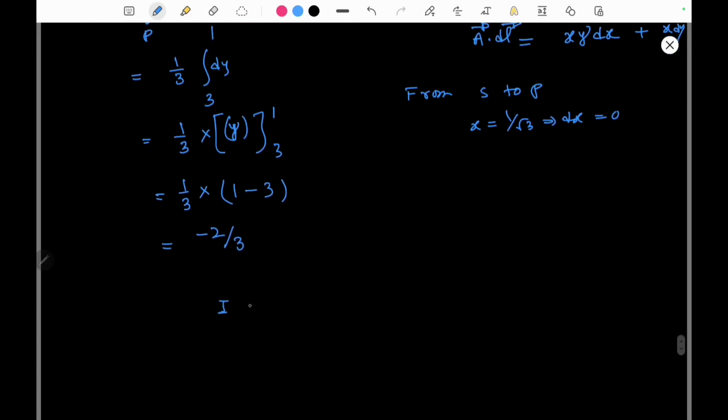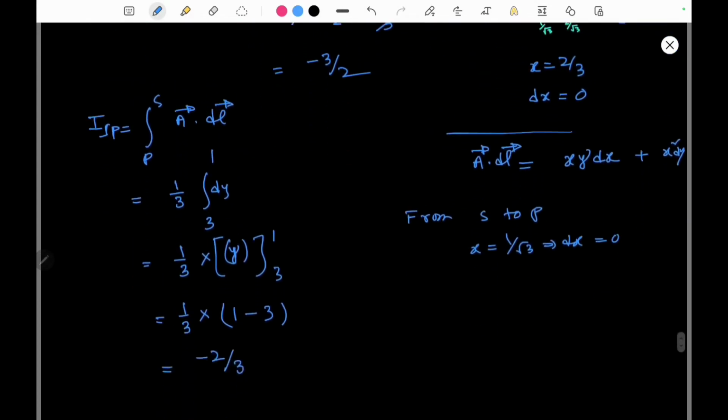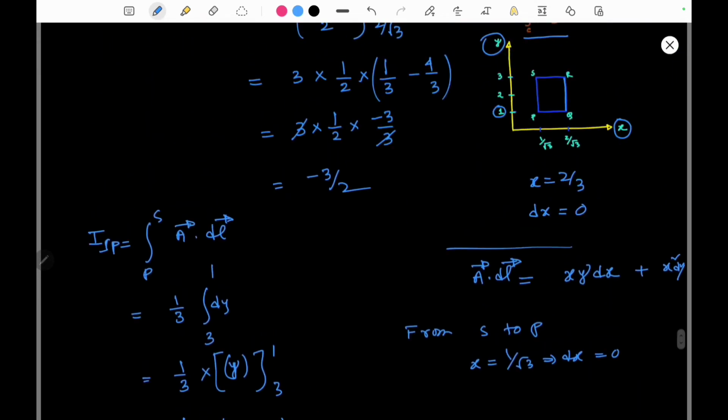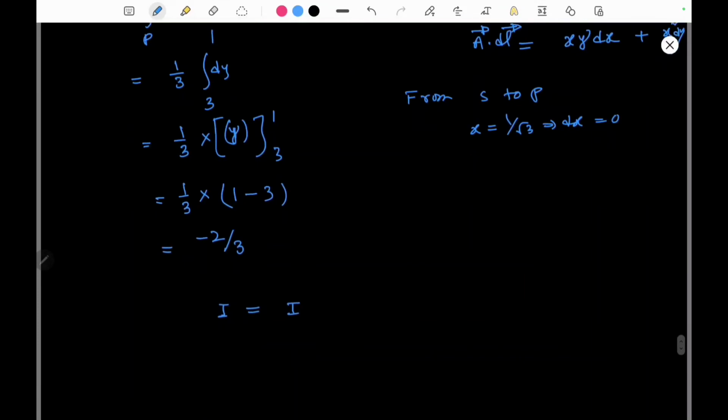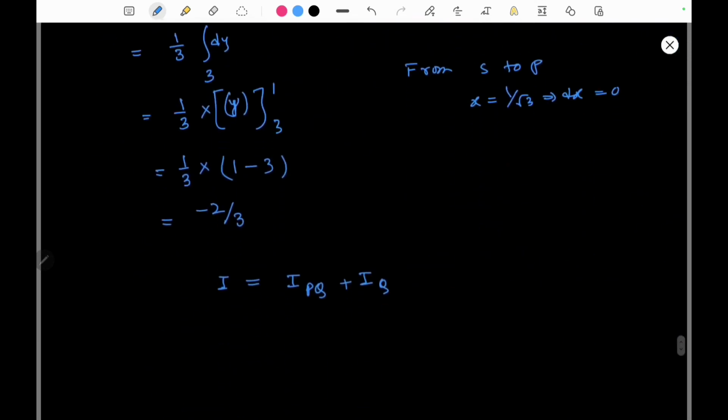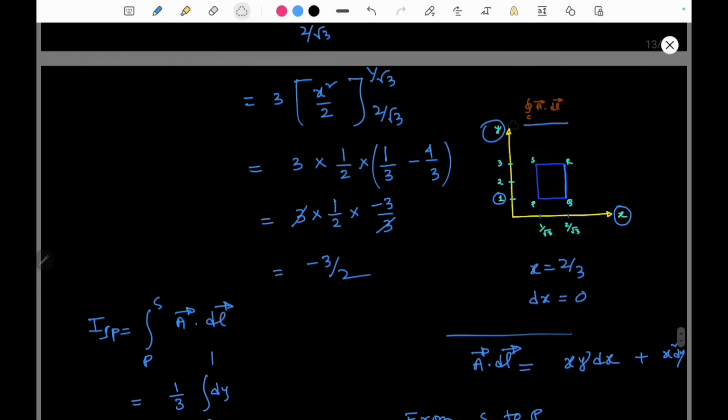Now we got all the integration line by line, so the total closed integration will be the summation of all this line integration. So it will be PQ plus QR plus RS plus SP. Okay, so I am copying this again so that you can relate.